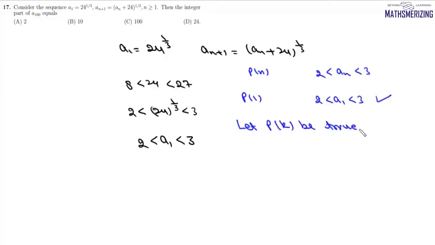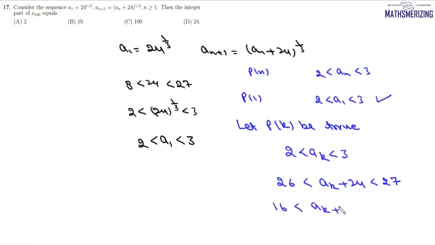Now if P(k) is true, we can write a(k) will lie between 2 and 3. Now if we add 24, we can write 26 is less than a(k) plus 24 and it will be less than 27. We can write 16 will be less than a(k) plus 24 and it will be less than 27.